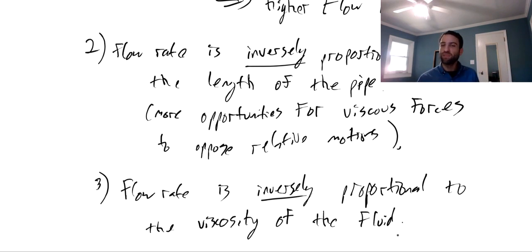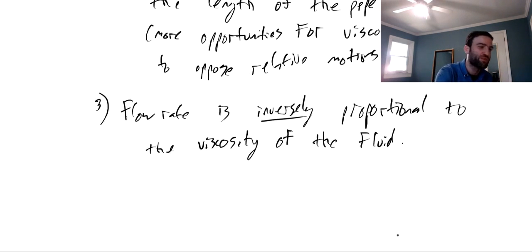Again, I would say this makes sense. It's like viscosity is what's opposing this relative motion in the first place. So if you have the same pressure difference and the same length of pipe, and you're trying to flow water through it versus honey through it, well, the more viscous substance is going to flow a lot less well. And so flow rate is inversely proportional to this viscosity.